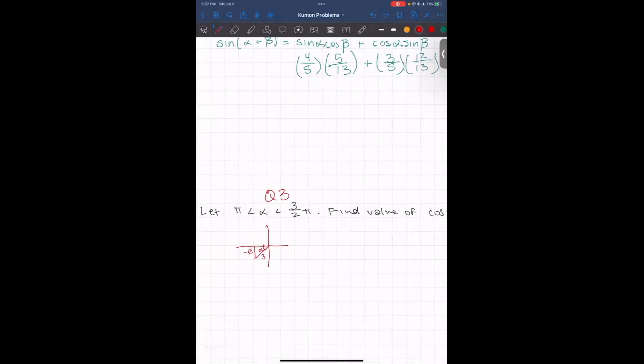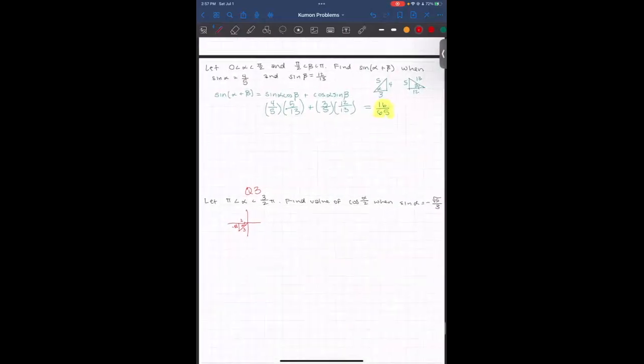And then for our missing side, we would need to use the Pythagorean theorem, and we would end up discovering that our missing side is equal to 2. So our adjacent side is equal to 2. So we want to figure out what cosine of alpha over 2 is equal to.